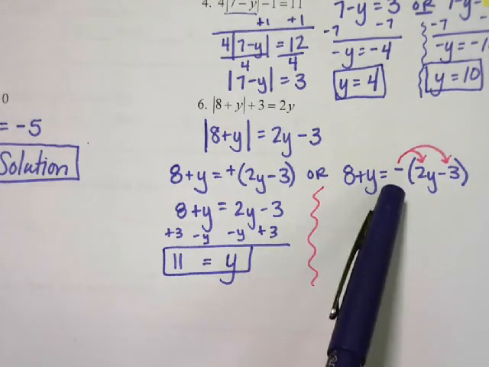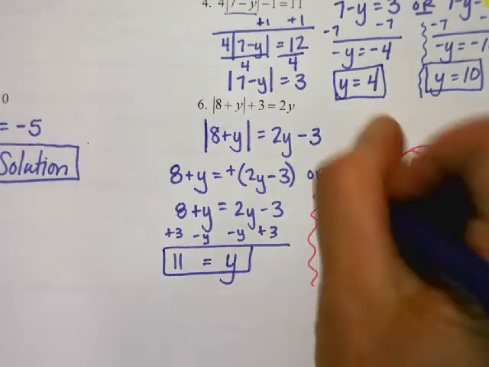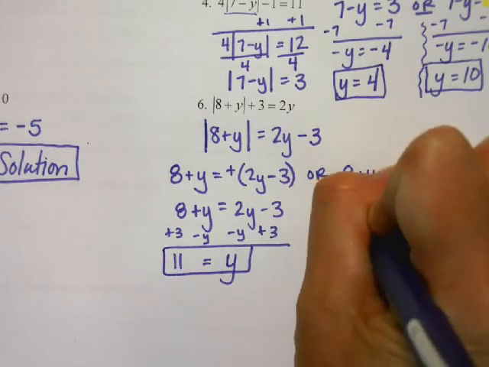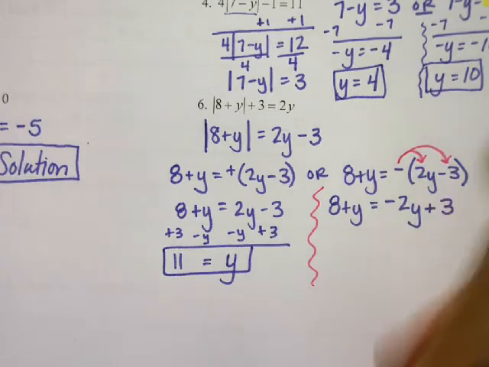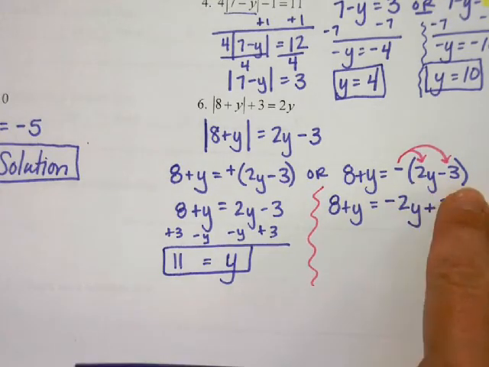When we get a negative over here, the negative has to be distributed. So I get 8 plus y is equal to a negative 2y plus 3. So it flips both of them.